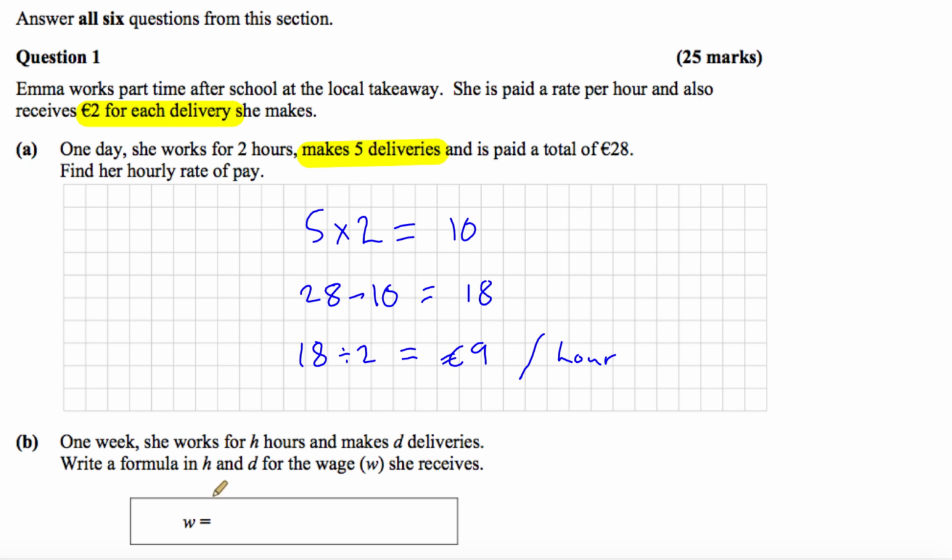So W will be equal to, if her hourly rate is 9, H stands for the hours, so it'll be 9 by the number of hours, 9H, and then she gets €2 for each delivery, so it'll be plus 2 times the number of deliveries, and D stands for the number of deliveries. So W, her wage, would be equal to 9 multiplied by the hours plus 2 multiplied by the deliveries.